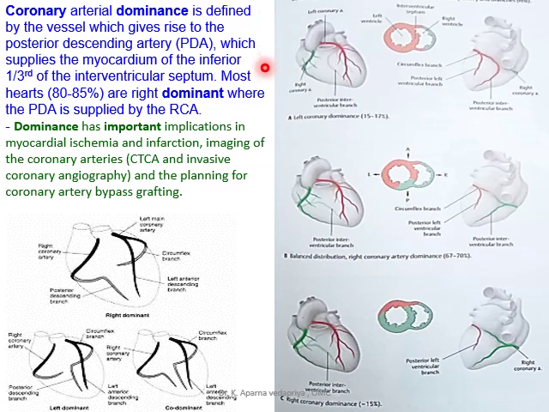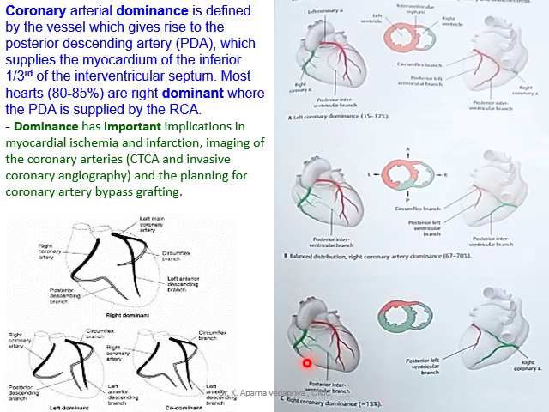About 75 to 80 or 85% are right dominant, where the posterior interventricular artery is a branch from the right coronary artery. Here the right coronary is represented by the green color and the left coronary by the red color. So this is the right coronary dominance, where most of the myocardial area, including most part of the interventricular septum too, is taken over by the right coronary artery.